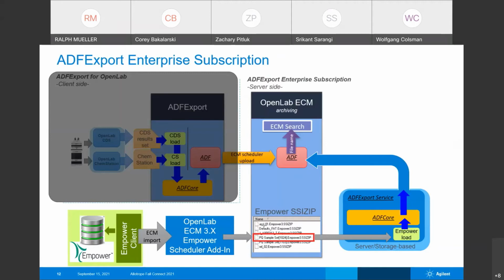It's an Empower system. We are allowing data to be imported into our OpenLab ECM over the ECM Empower scheduler add-in, and what ends up in the OpenLab ECM is an Empower SSI zip file. And this zip file is taken up then from our ADF export service.